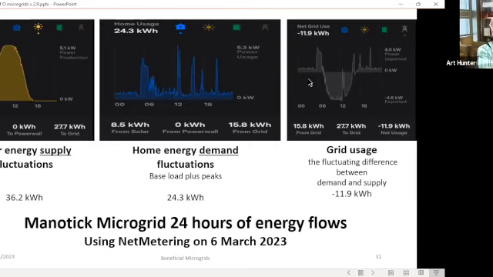I'm just using the grid here as a battery, and so you can see here that this is from the grid, and below the axis is, of course, to the grid. And so by the time the day was done, I had stored 12 kilowatt hours on the grid for use on another day.